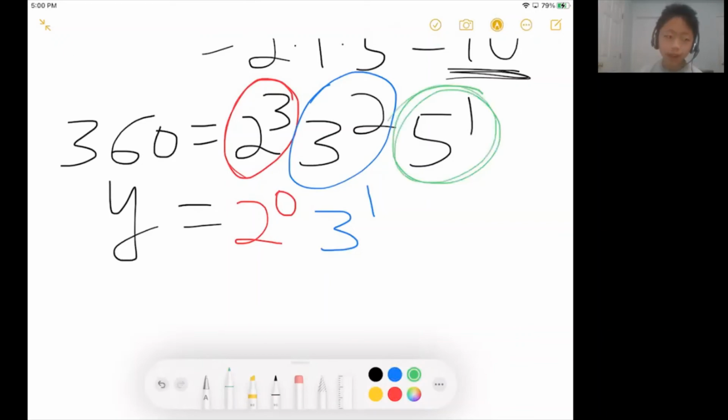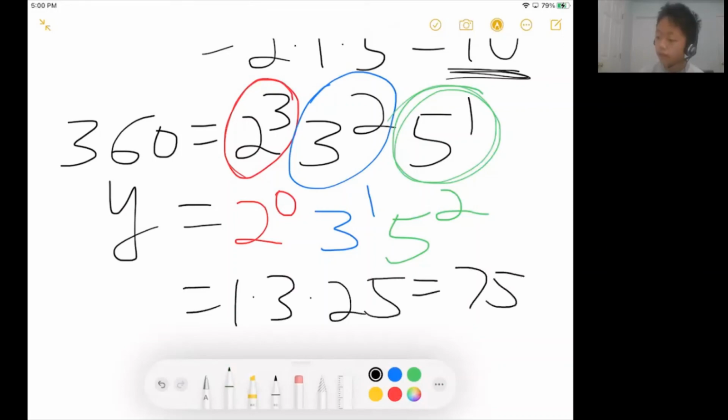Clearly, 5 to the 1 is not a perfect cube, but if we multiply it by 5 squared, 5 to the 1 and 5 to the 2 combine to give 5 cubed, a perfect cube. So this is the value of y: 1 times 3 times 25, which is 75.